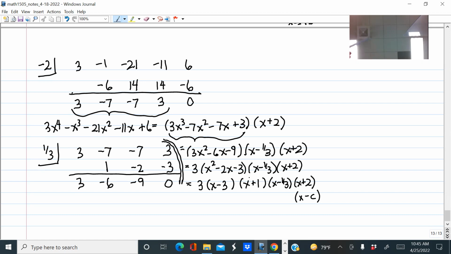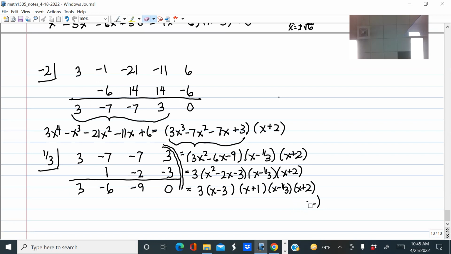Otherwise, the degree is not going to work. That's a simplified explanation of what's called the fundamental theorem of algebra, which I'm getting ready to show you a version of right now.